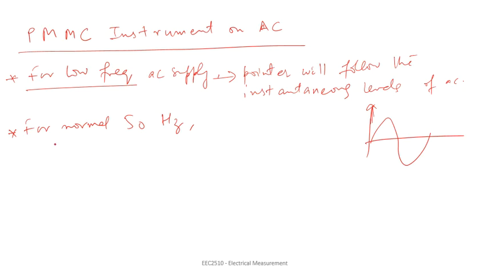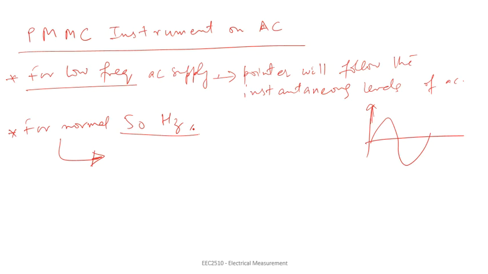The variation is so fast because the frequency is very high here. So the inertia of the instrument will stop the pointer from changing its position, which means the pointer will just remain at 0.